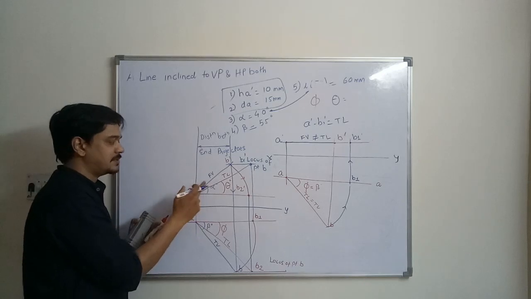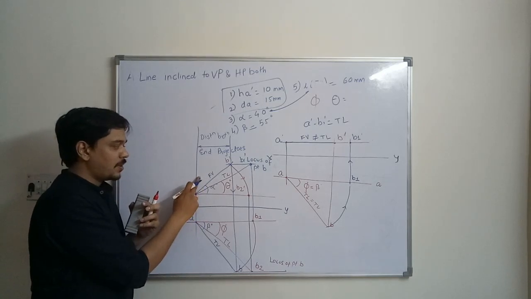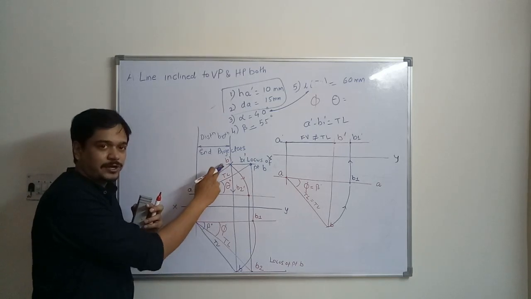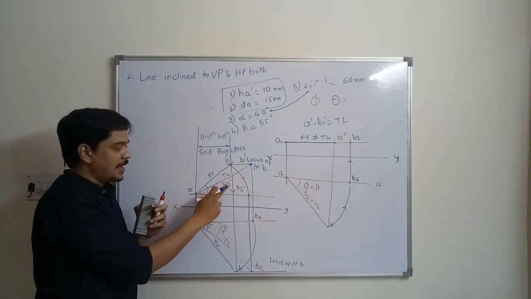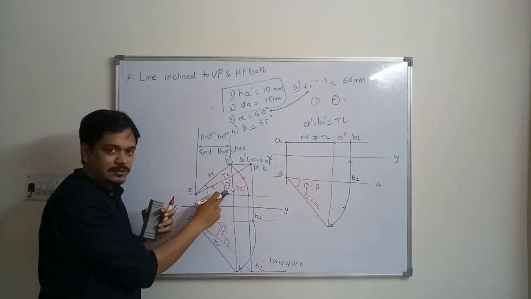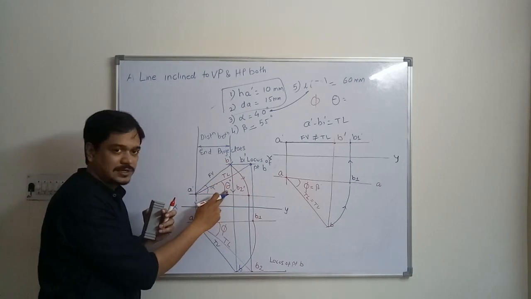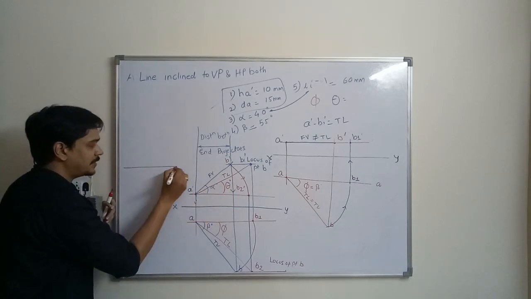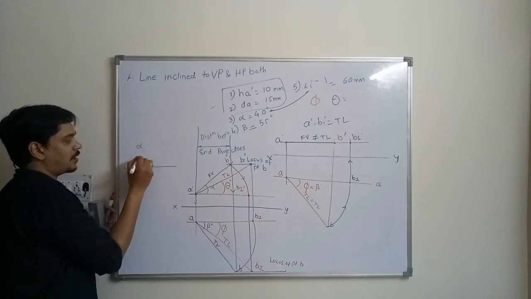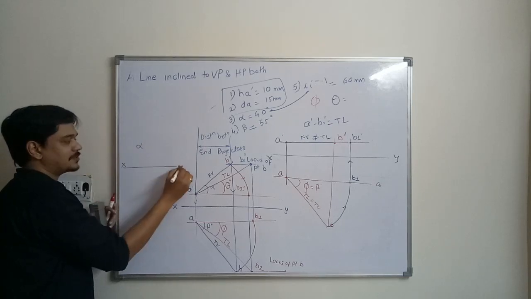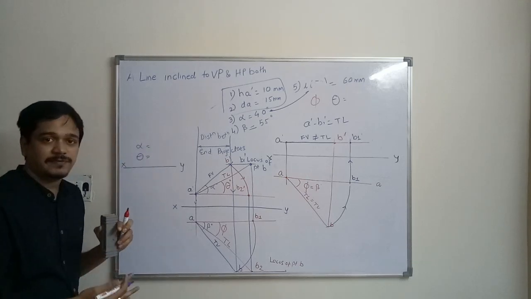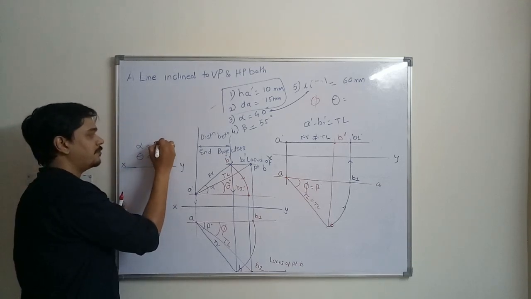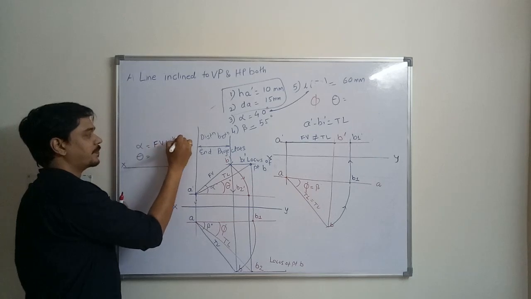So let us revise. The angle made by the front view of the line with the XY line is indicated by alpha, and the angle made by the true length of the line with HP is called theta. Remember one thing, your alpha will always be above the XY line and your theta will also be above the XY line. This is the angle made by the front view with XY.